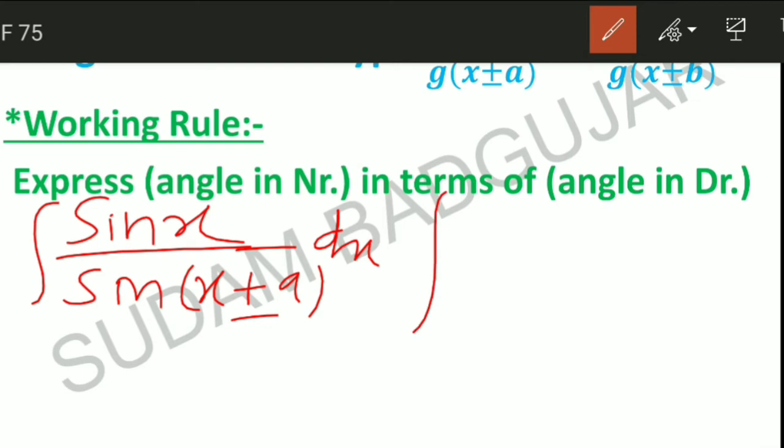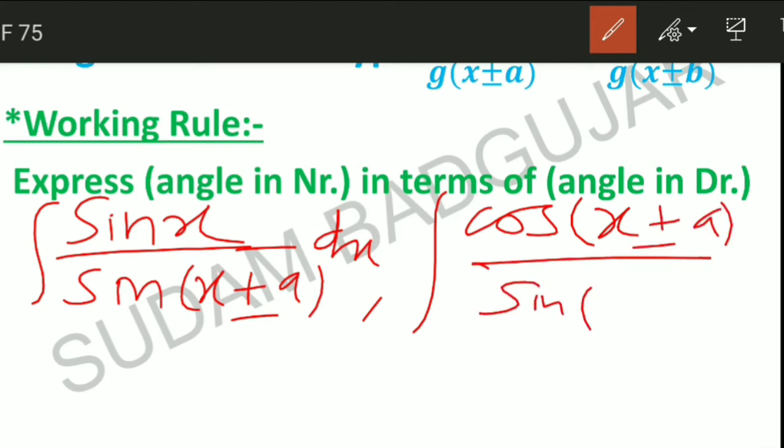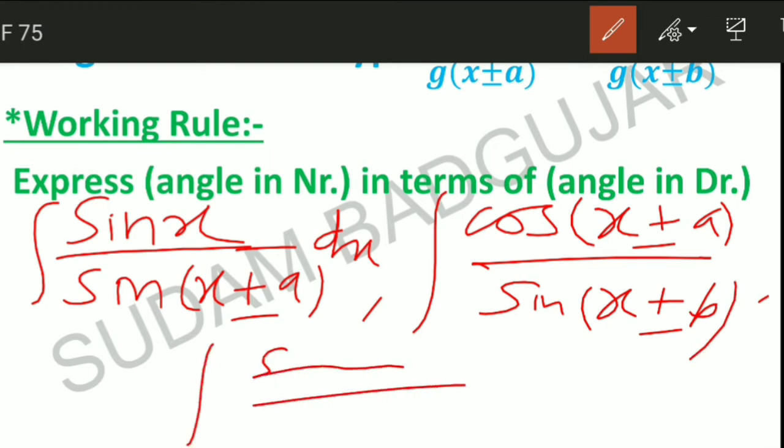Maybe another type, it is cos or sine of x plus or minus a divided by sine of x plus or minus b, or here sine upon cos, something like this.